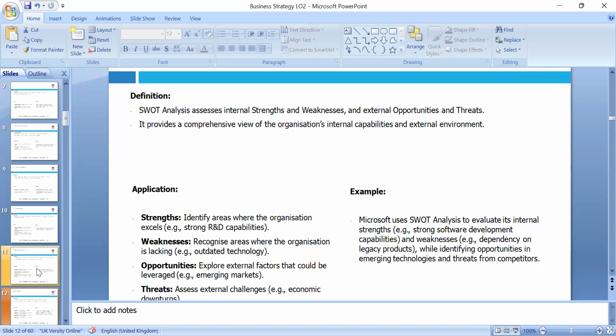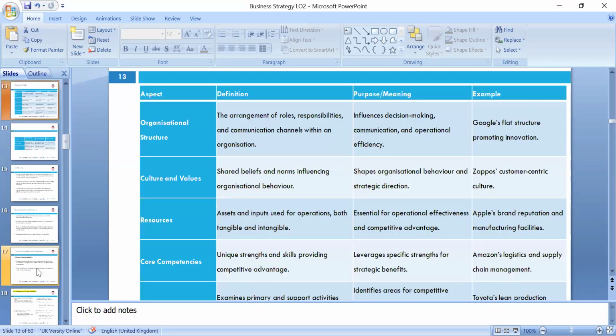Microsoft used SWOT analysis to evaluate internal strengths, such as strong software development capability, and weaknesses, such as dependency on legacy products, and to identify opportunities like emerging technologies and emerging markets, like India, China, Malaysia and various other countries, known as emerging economies. Their economic growth rate is more than 6%. Threats are always coming because competition is increasing.